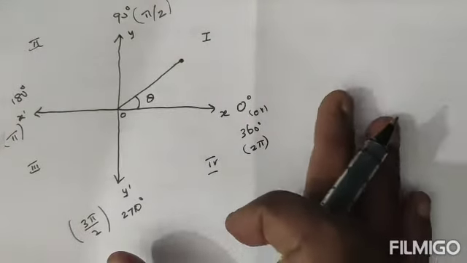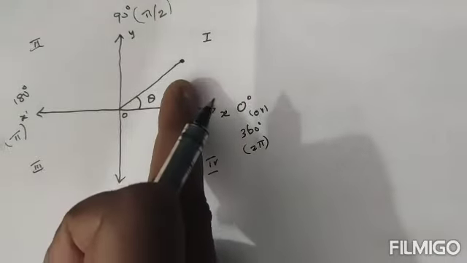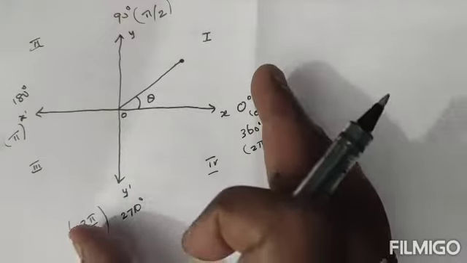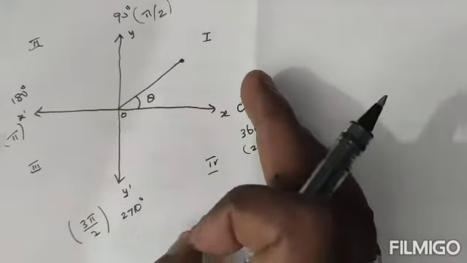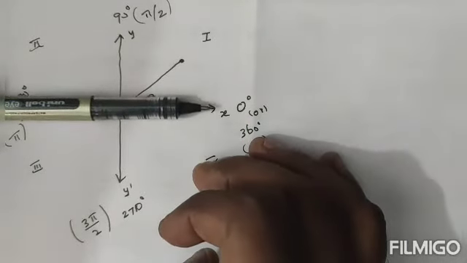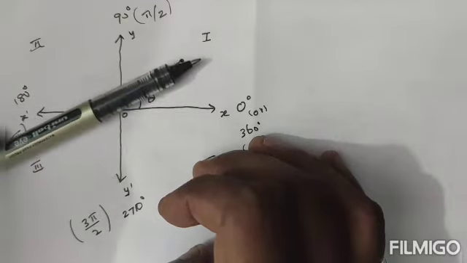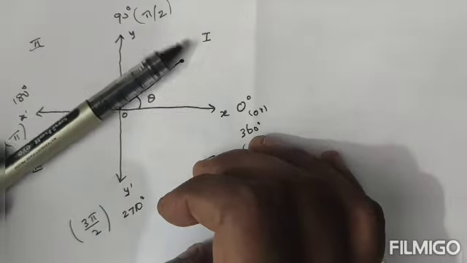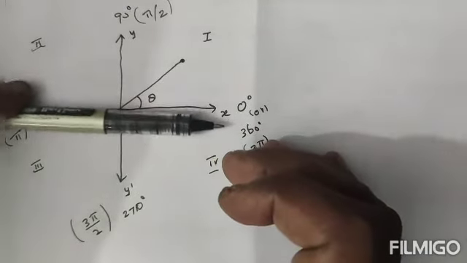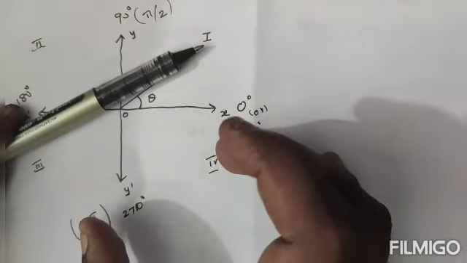Then one more idea: if you measure the angle anti-clockwise, it is noted as positive. For example, here it is on the x-axis. Now this pen tip is moving anti-clockwise. A clock goes like this, right? Now it is anti-clockwise. So anti-clockwise is generally mentioned as positive.